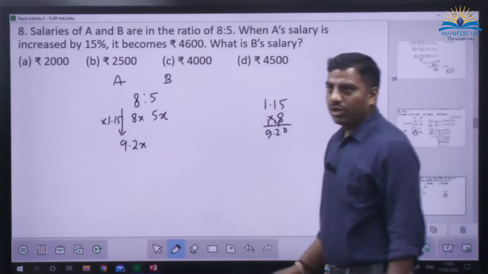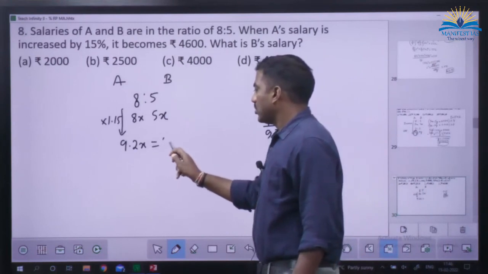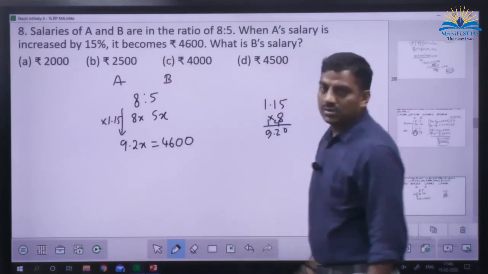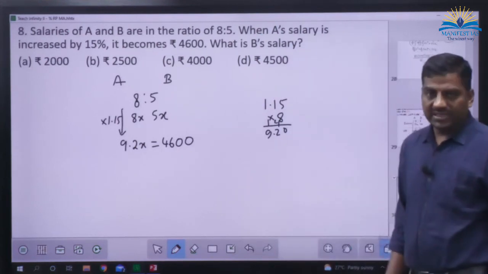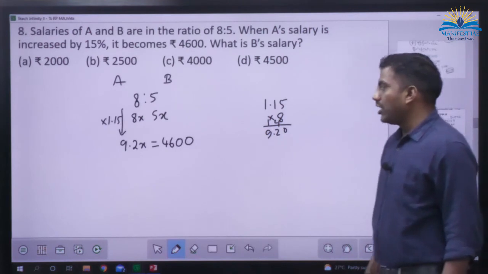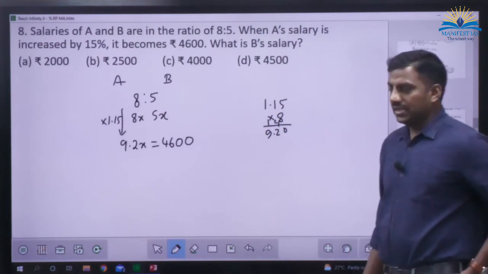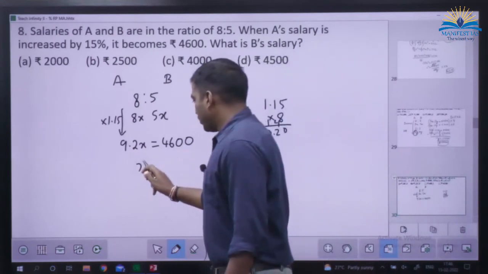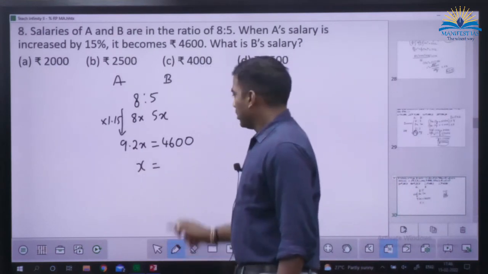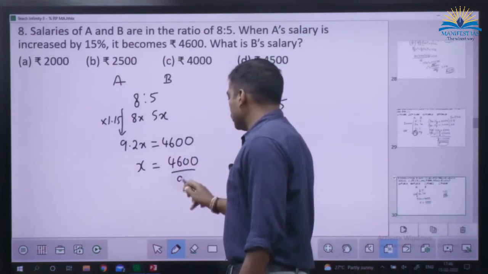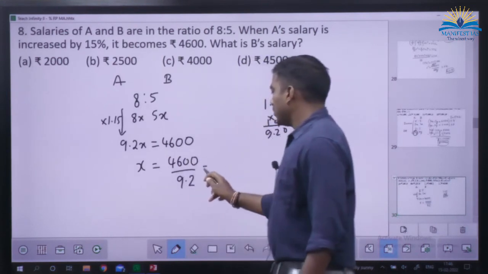It means what? 9.2x is what? 4,600. They have given, no? When we increase it by 15%, that is 1.15 into 8x, that is 9.2x is equal to 4,600. Find out x. 4,600 divided by 9.2. Get rid of this point.